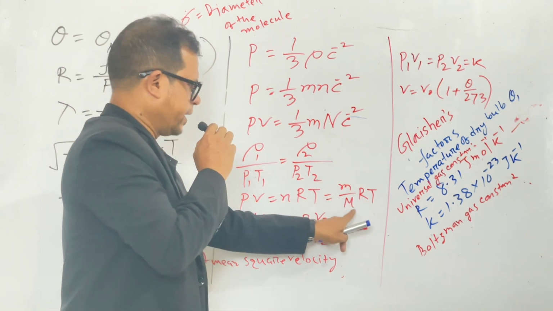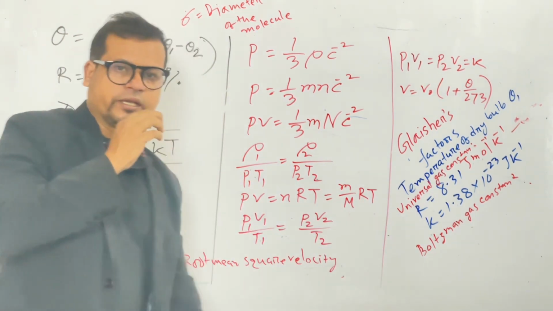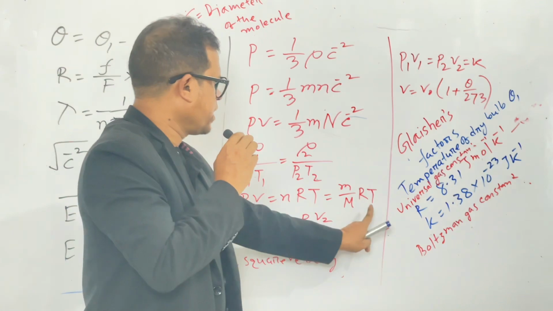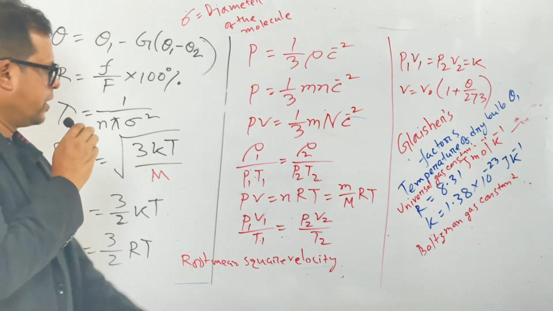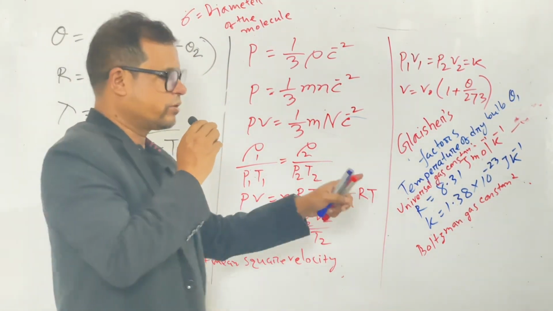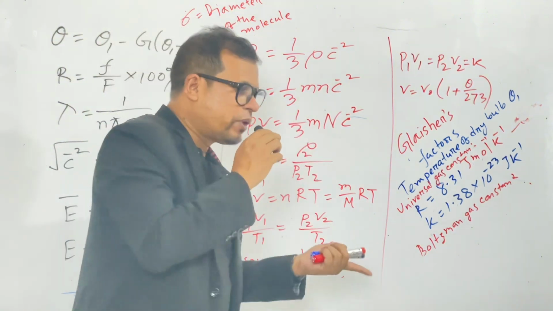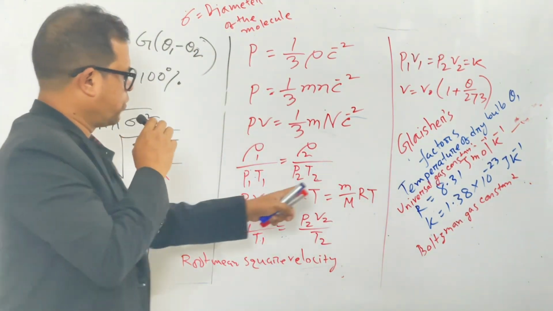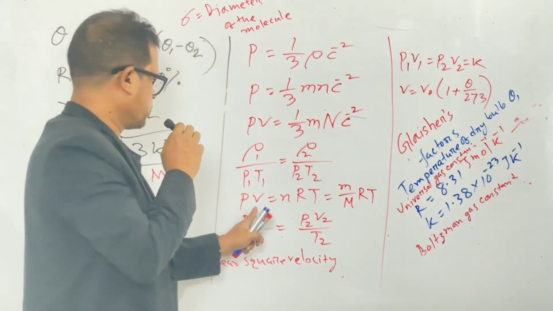PV equal to small m over capital M RT. Here R is the universal gas constant, and T is the temperature. You know the universal gas constant value is 8.31 joule per mole per Kelvin. If you know small m, capital M, R, T, you can find out PV.